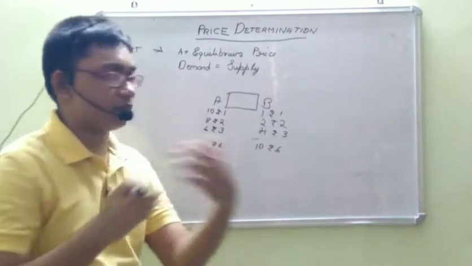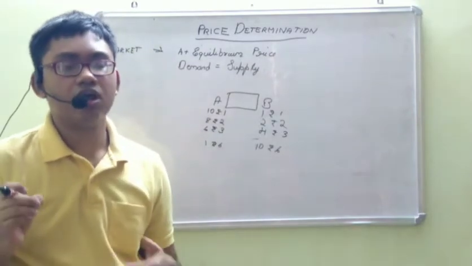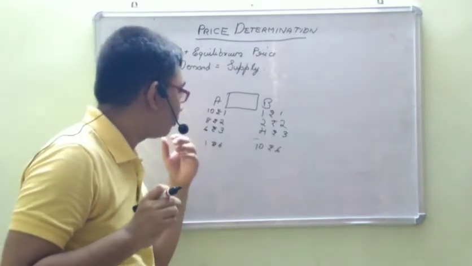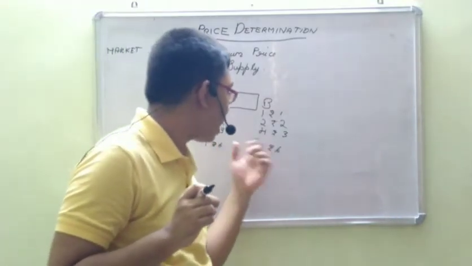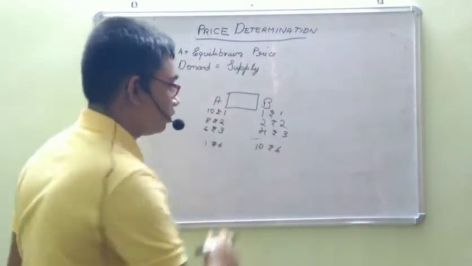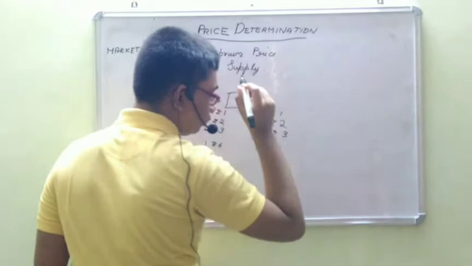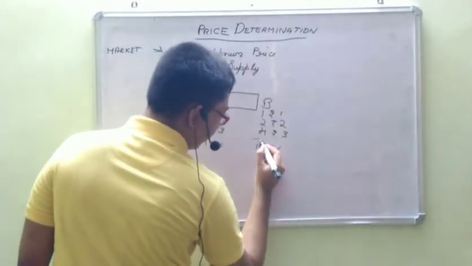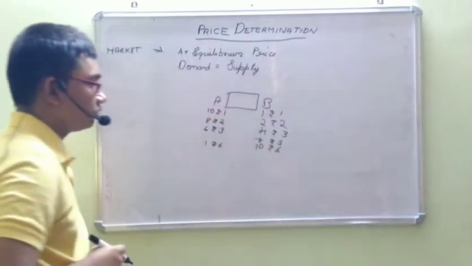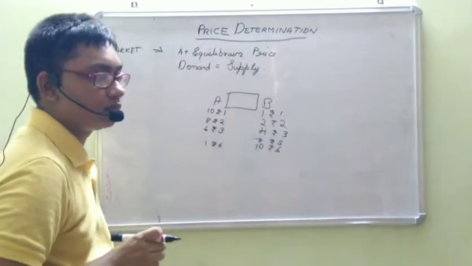Then the seller will again propose, "Okay bro, I will sell you 8 units for rupees 5 each." But now what will A tell?